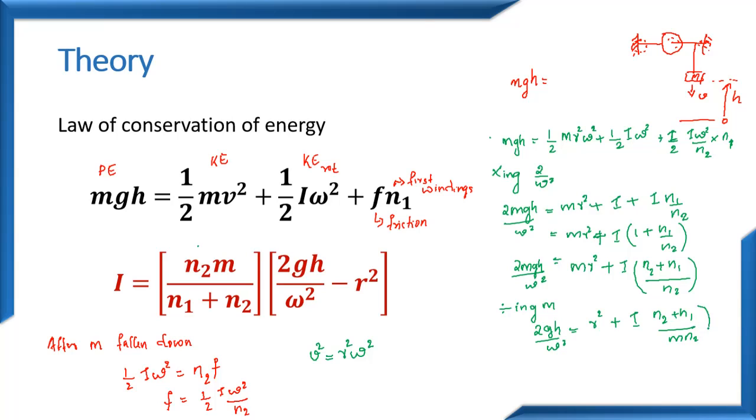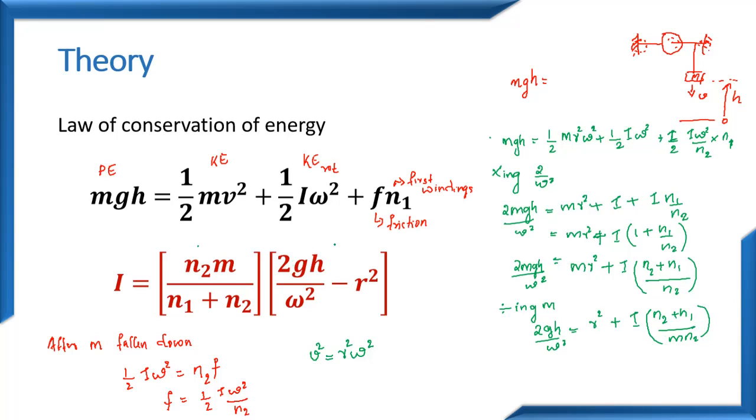Hope this step is clear. I divided the entire term with m: the m cancels in the terms where it was present, and where I didn't have an m, I divided by m, so the same term goes into the denominator and I can write it as m N2.